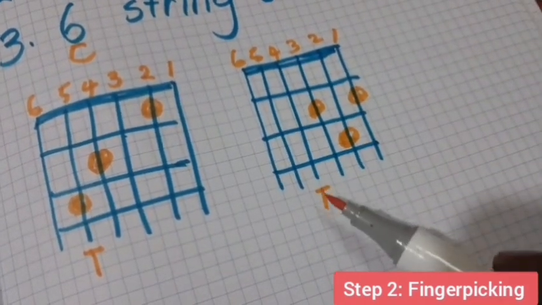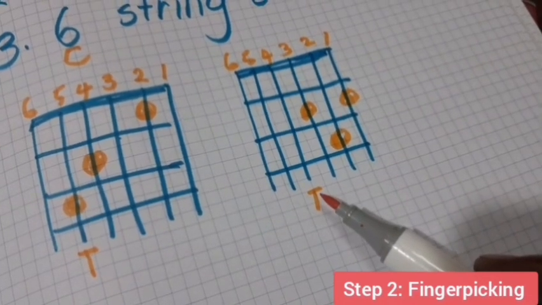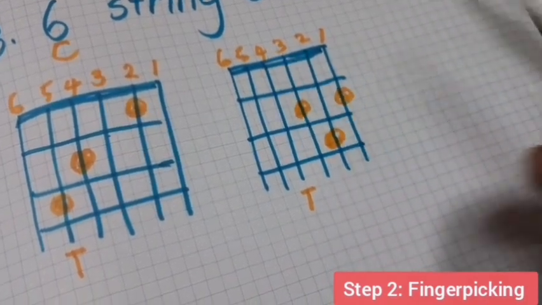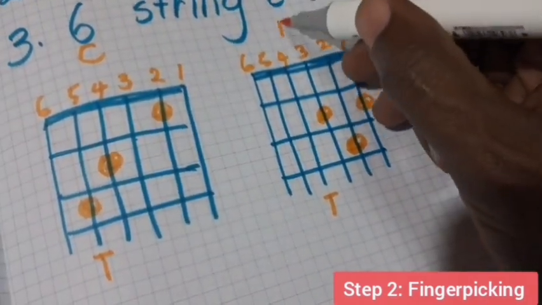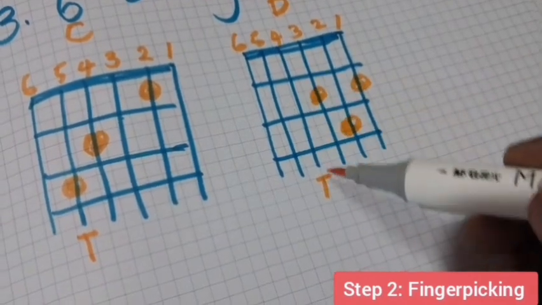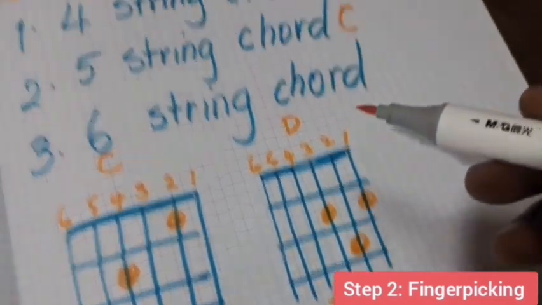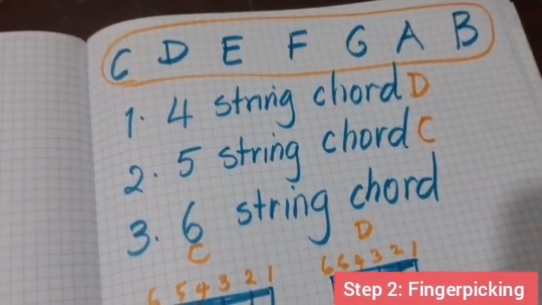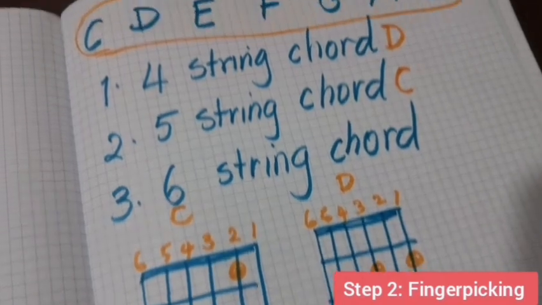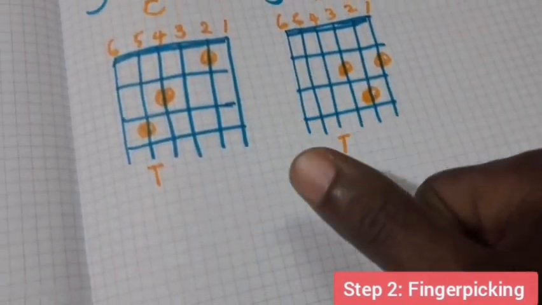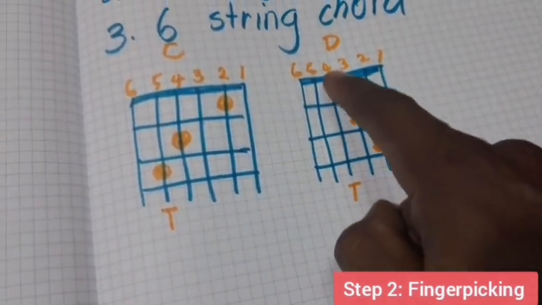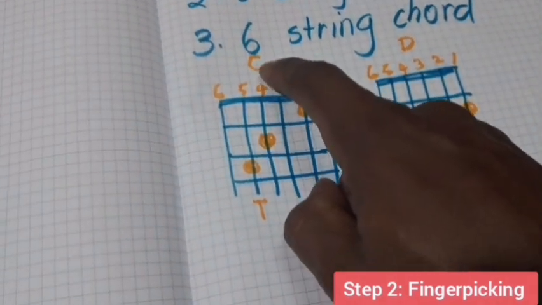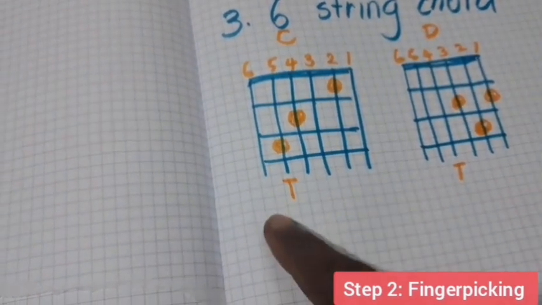So our T, which is the bass, the thumb, is on the 4th string. So when you are picking the key of D, you start from string 4. That makes D a 4-string chord, because your T is under the 4th string, just the way C, the T, which is the thumb, is under the 5th string.